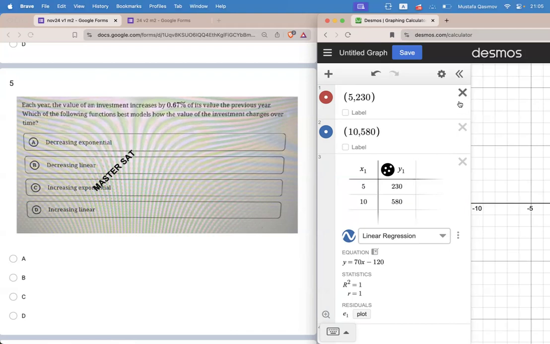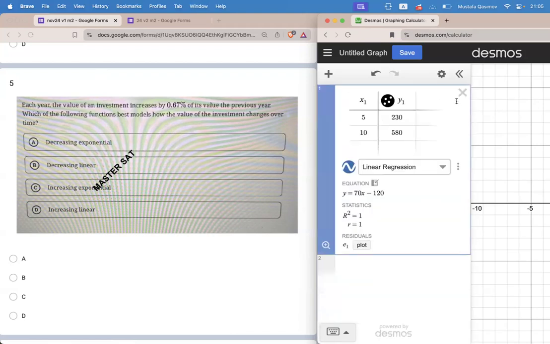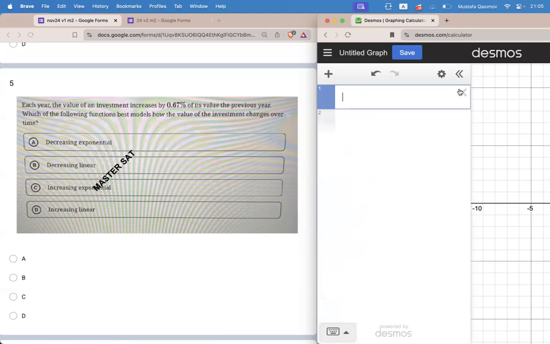Because it says previous year, it is exponential, increasing exponential. But if it said initial or starting, it would be linear. But because it's previous or prior, it is exponential. So the answer is increasing exponential, C.